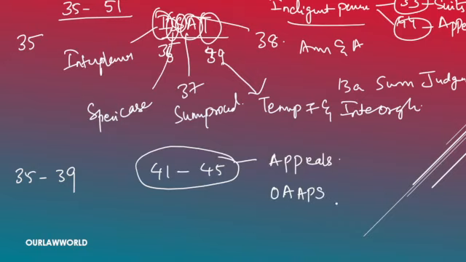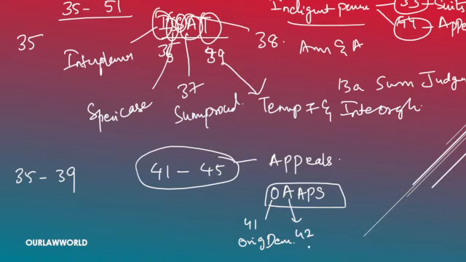Okay. So O apps. App is an application which you use in the mobile, right? So just remember O apps from 41 to 45. So the first one, order 41, is appeals from original decrees.